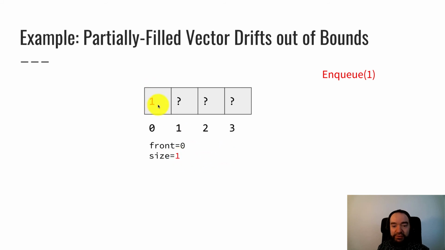Okay, so I NQ'd 1. So far so good. Now if I NQ 2, we do the same kind of thing. Front plus size is 0 plus 1 makes 1, so that's why index number 1 will hold value 2. Size gets incremented to 2. We're good. Okay, if I DQ, now what we're going to do is increment front, because 2 is now the front. We're going to decrement size to 1. That's all we do with the DQ.